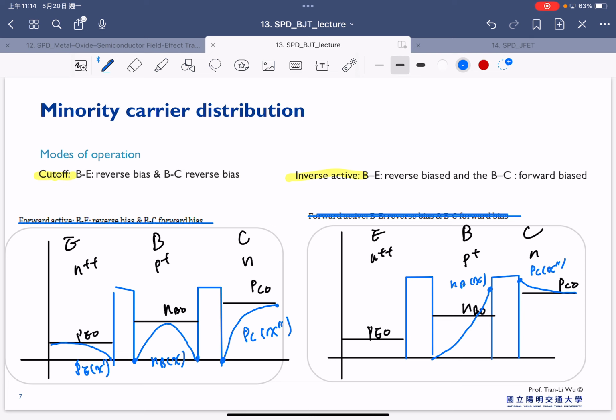So therefore, we can expect the PE to be shown in here. Okay, so these are the four different modes under different bias, reverse or forward, for each PN junction.